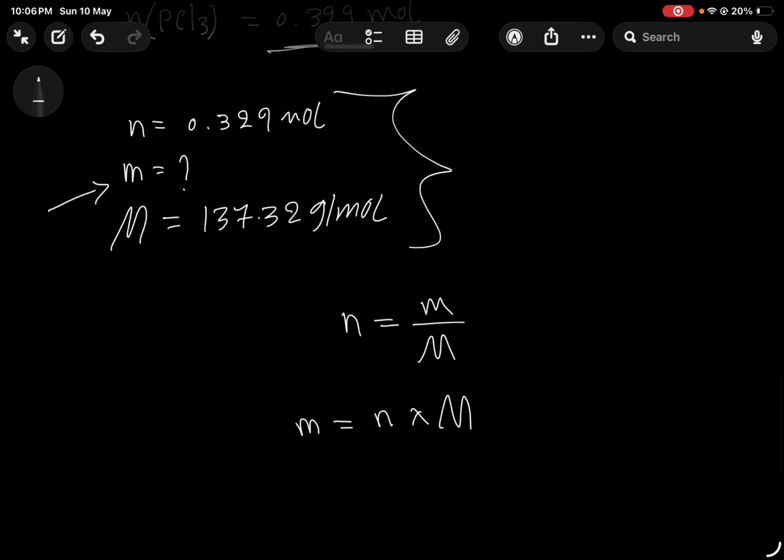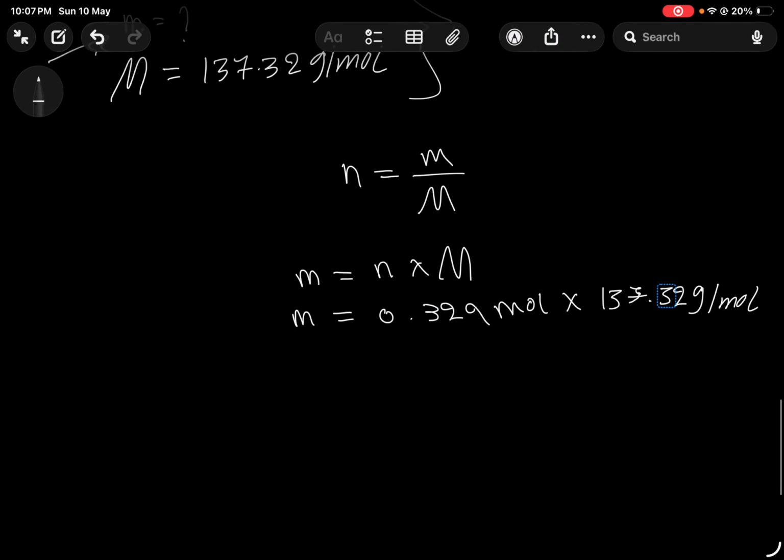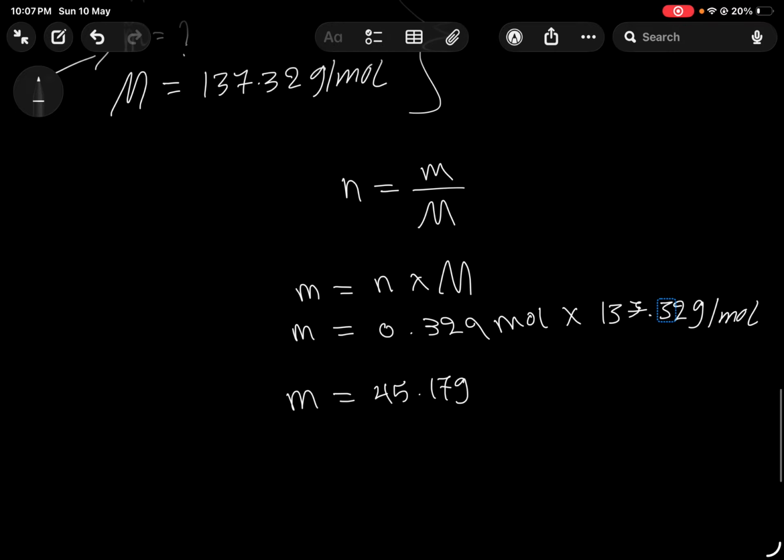In this case, our m, which is the mass, is unknown, and the moles is 0.329 moles times the molar mass, which is 137.32 grams per mole. If you use a calculator, the mass will be 45.17 grams.